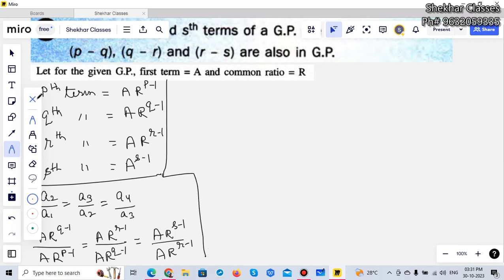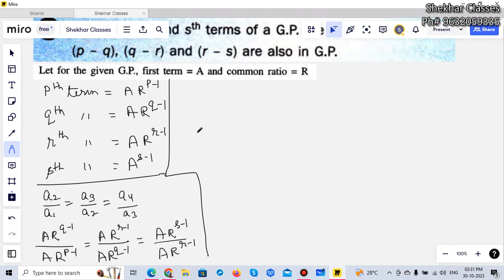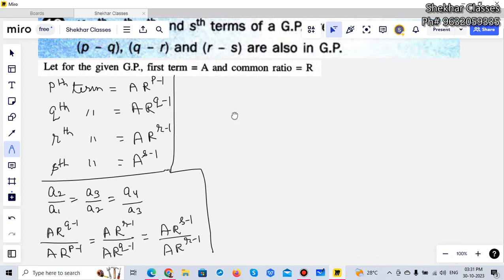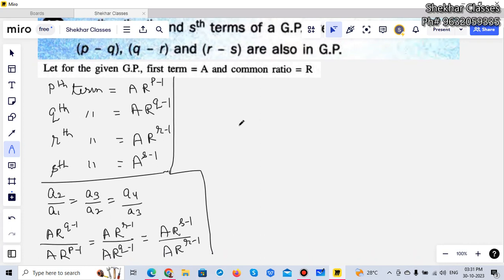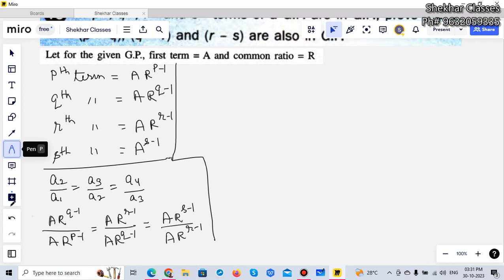Now we got these here. After this, we can cross multiply. Why do we need to cross multiply? Let's see. Before we cross multiply, we can cancel something: A will get cancelled in each.